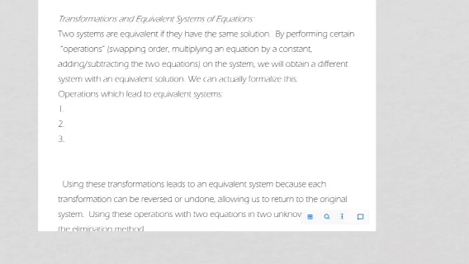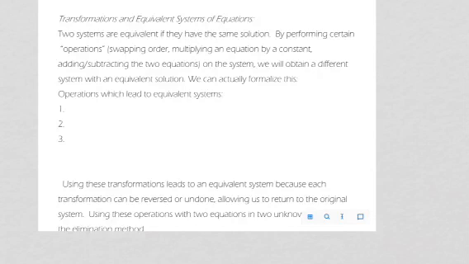Now, this is a lot of information about what we'll really be doing in section 2.2 because elimination or Gaussian elimination or the echelon method all use this information. So I'll give it to you briefly here just because we will use it later, but I'm not going to actually use it in this section. Two systems are equivalent if they have the same solution.